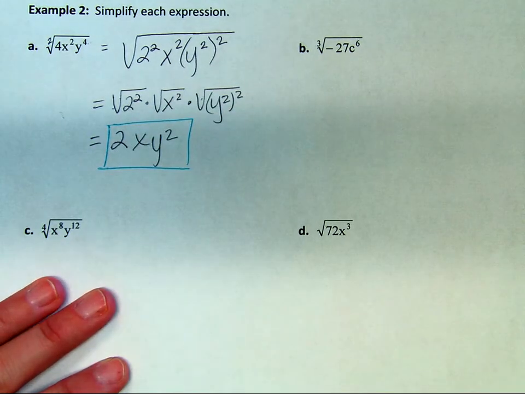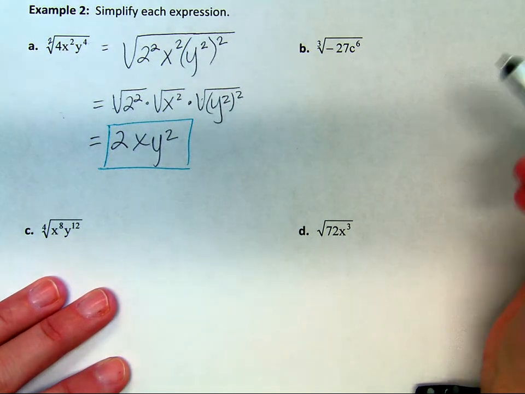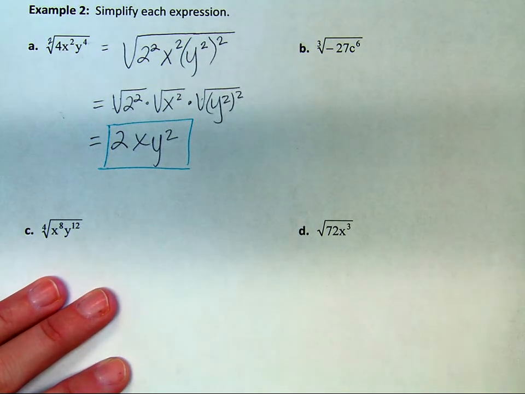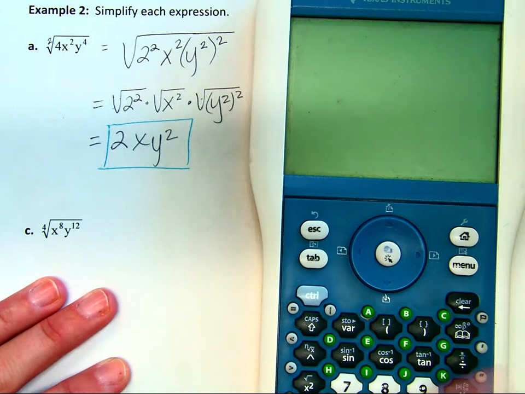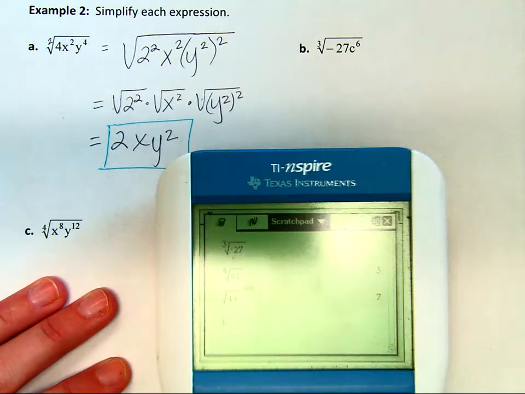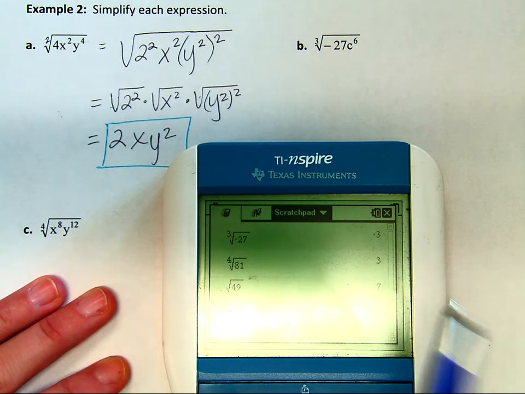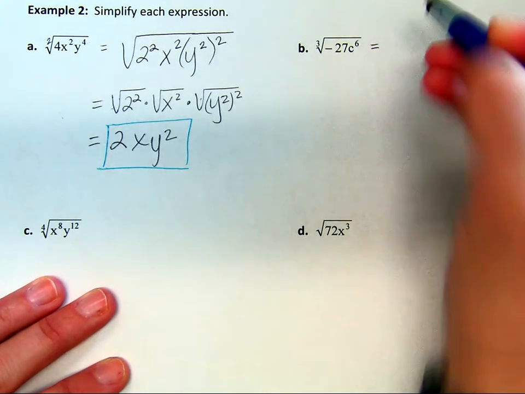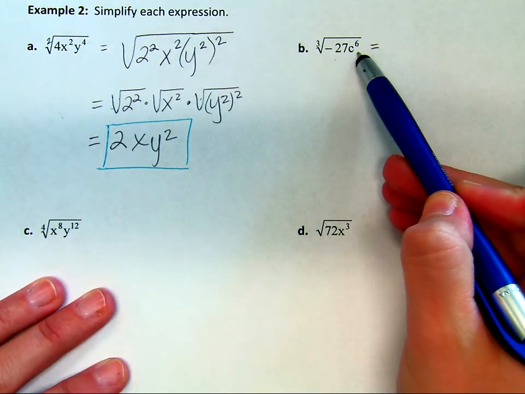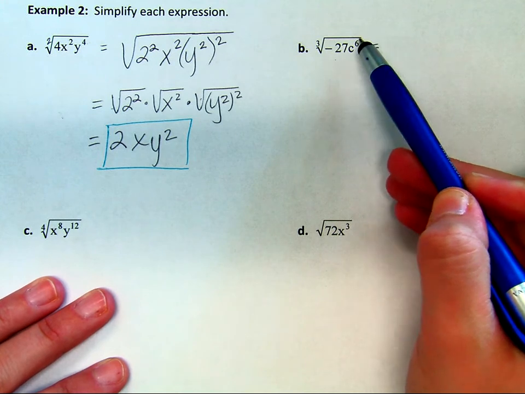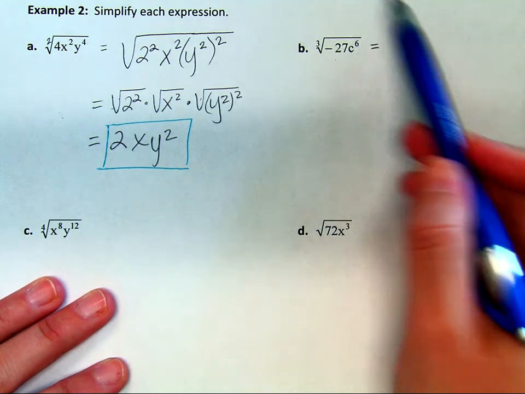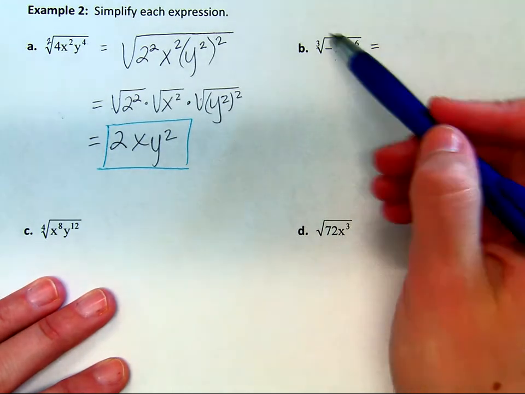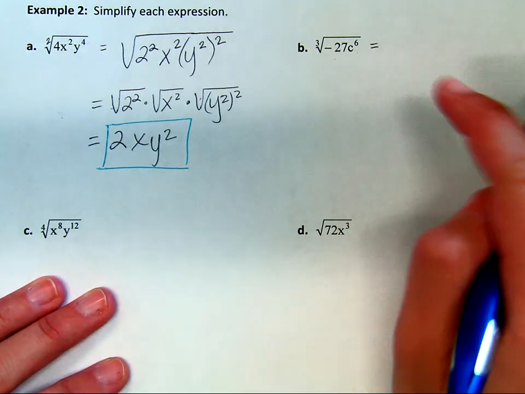Let's try another one. The cube root of negative 27c to the 6th. If you don't know already, negative 27 is a perfect cube. We actually worked with that earlier. Since my index is 3, I want to rewrite each of these parts as something cubed so that I can take things out of my radical and simplify. The cube root of something cubed, those two things undo each other.